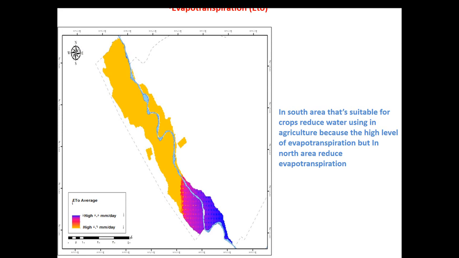In our area, the high evapotranspiration is in the south, and directly opposite, the north area has low evapotranspiration, 4.6 I think for every day.